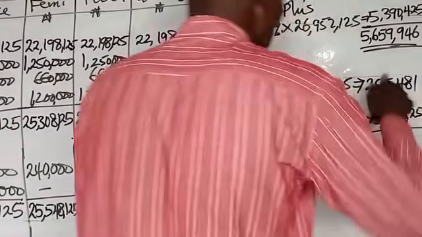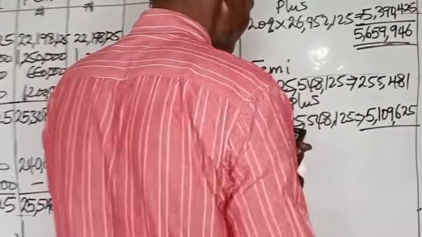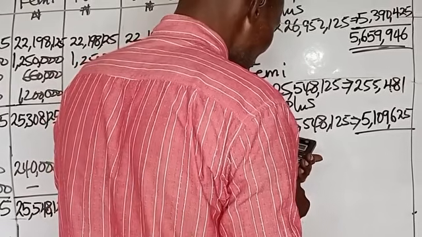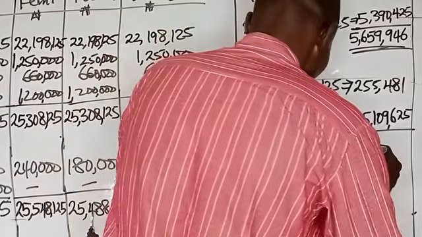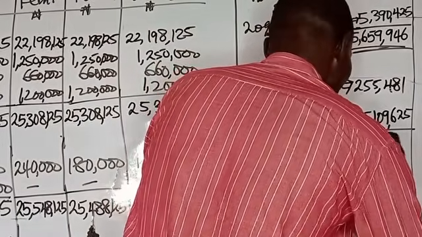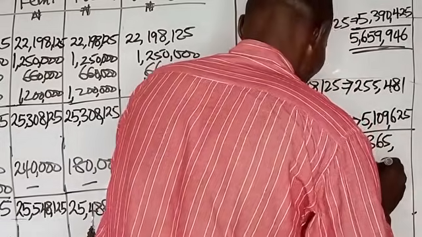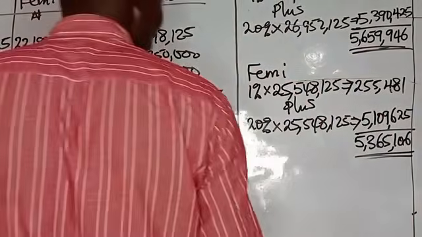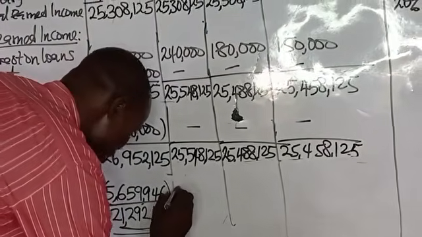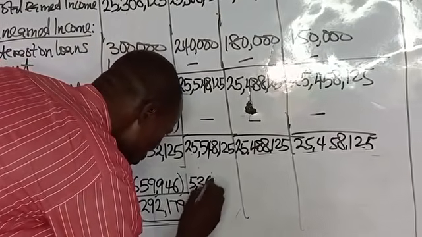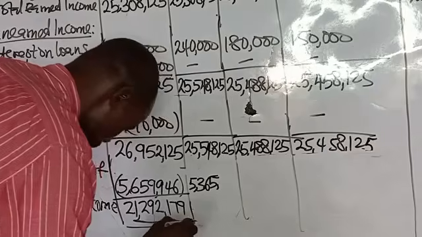If you now add it to 255,481, the consolidated relief allowance of Femi will be 5,365,106. That is the consolidated relief allowance of Femi.